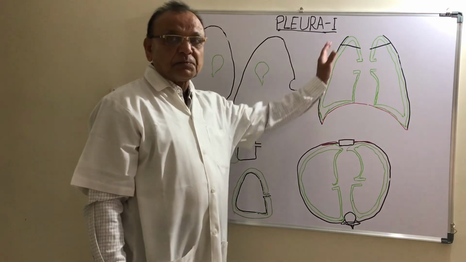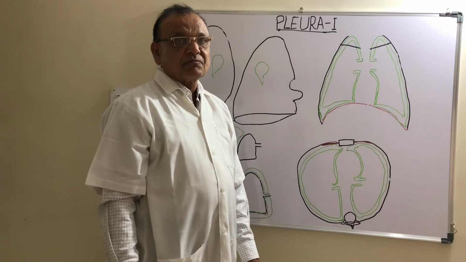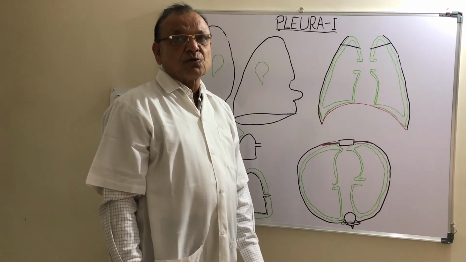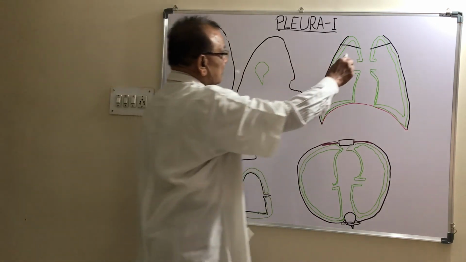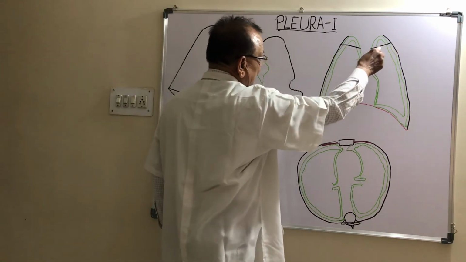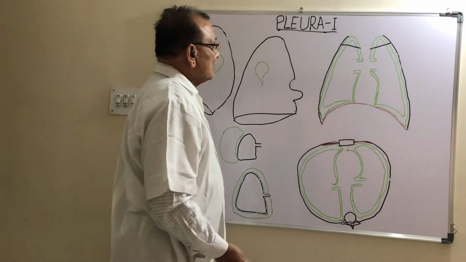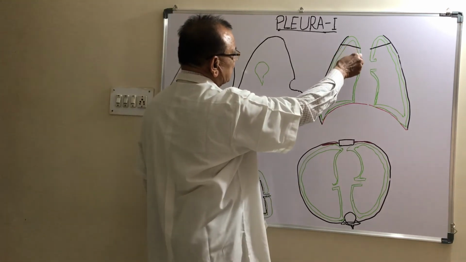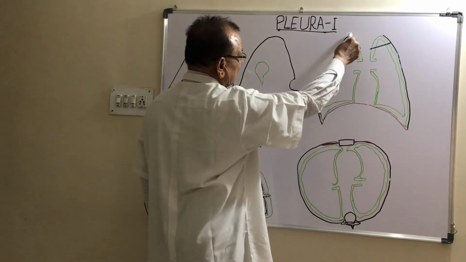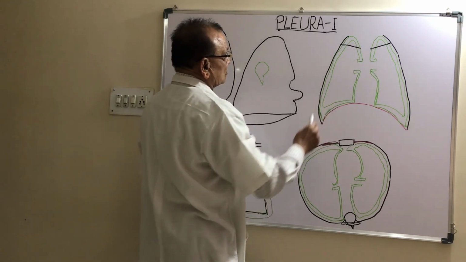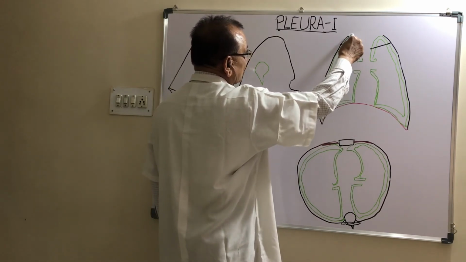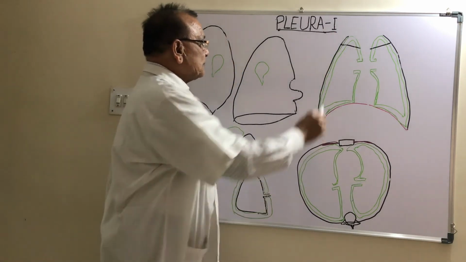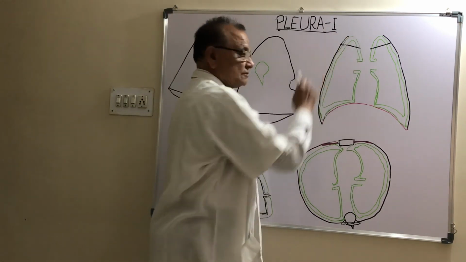Now, for descriptive purposes, the parietal pleura is divisible into four parts. See in this diagram, this is the medial one-third of the clavicle. The inner layer is the visceral layer, the outer layer is the parietal layer. This part of the parietal pleura lying above the medial one-third of the clavicle is called the cervical pleura.